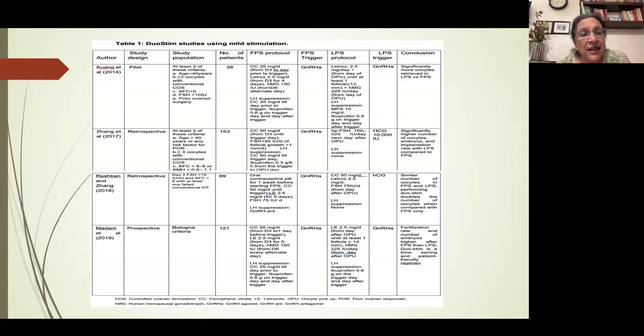Then Rashtian and Zhang said similar number of oocytes in FPS and LPS. And then the last one was Madani et al., which said embryos were higher after FPS than LPS. So the Madani study said that follicular phase stimulation was better. Rashtian said both are equal, and Zhang and Kwong both said that higher numbers were seen with LPS.